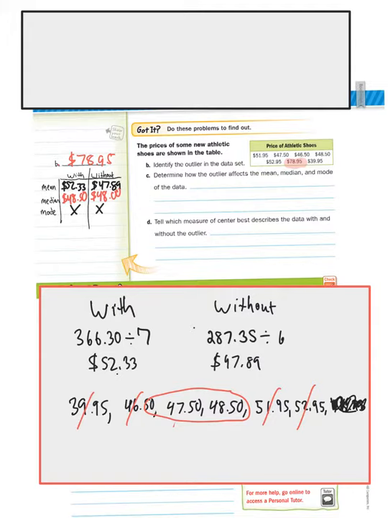So this is what I'm going to do. First off, I'm going to subtract each of these numbers. So 52.33 minus 47.89. If you subtract that, you get $4.44. So I would say the mean went down $4.44. So we'll write that down.